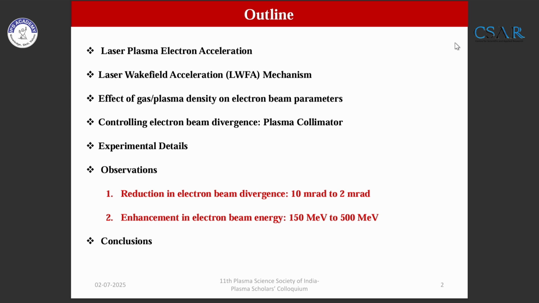Then the experimental setup that we have used for the present experiment. Observations show that a reduction in electron beam divergence from 10 milliradian to 2 milliradian has been observed. That means plasma lensing is happening. Along with that, we have also observed electron beam energy enhancement from 150 MeV to 500 MeV. And finally, I will conclude my talk.